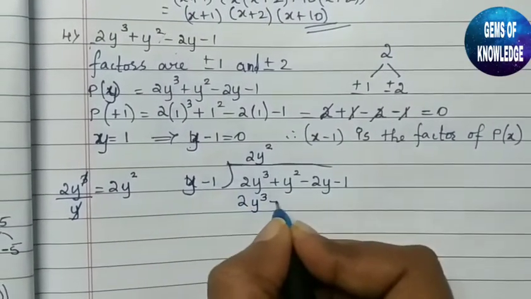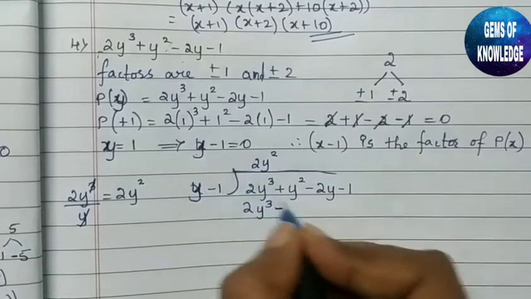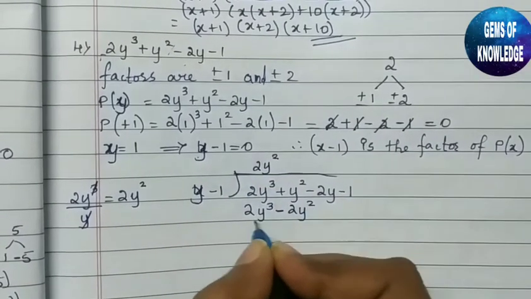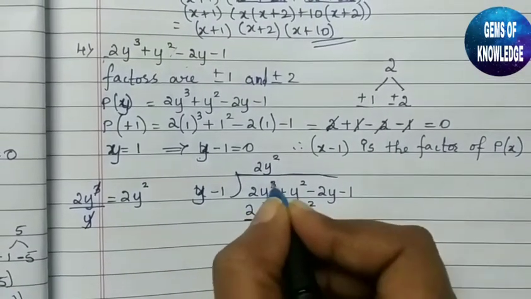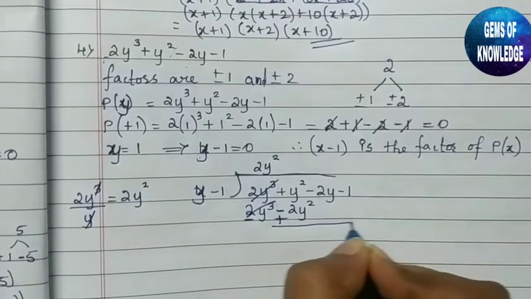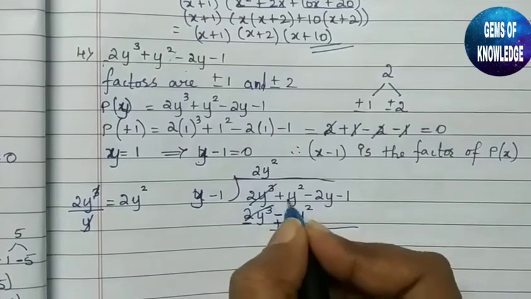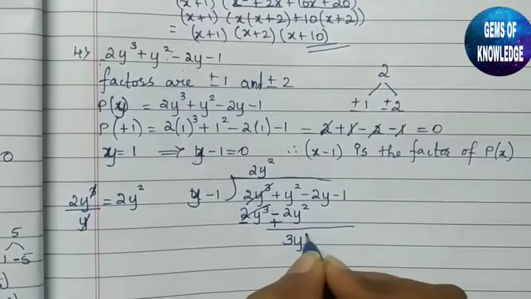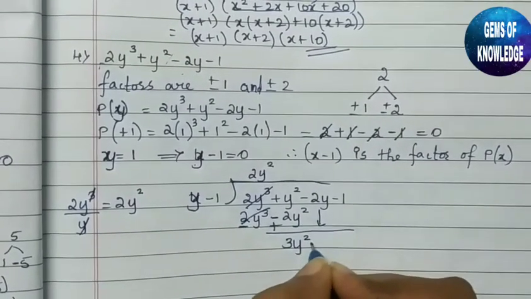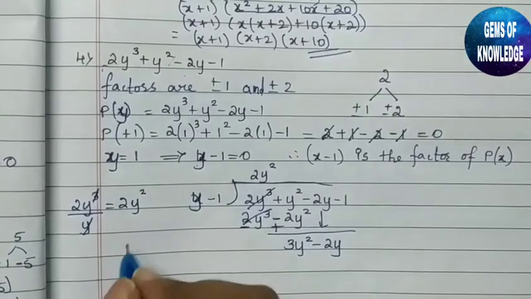Then this minus will be as it is. 2y square into 1, 2y square. Again, the terms will be cancelled out. So what will be remaining? This is plus, both are plus. So 2 plus 1, that is 3y square. And this minus 2y will be taken down.